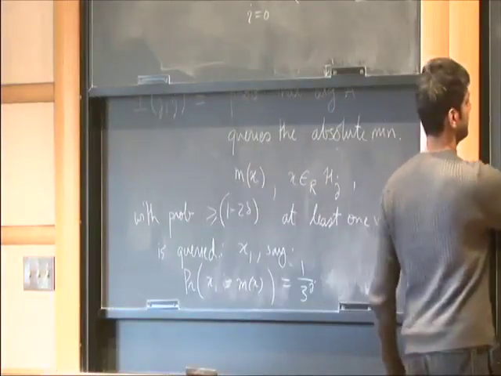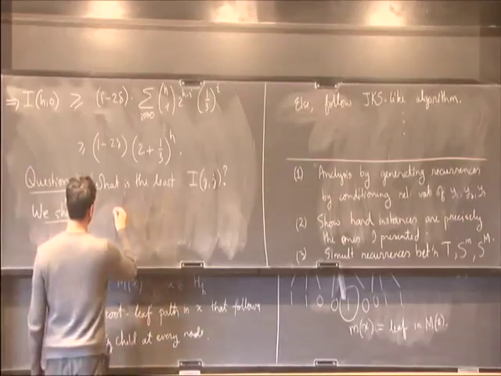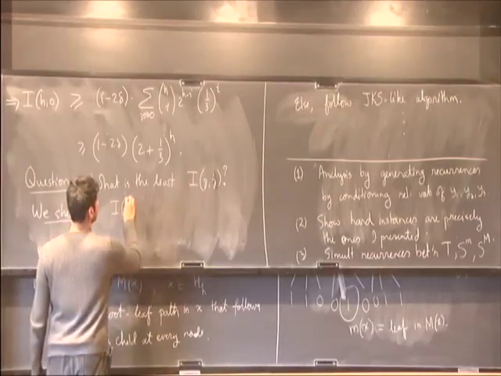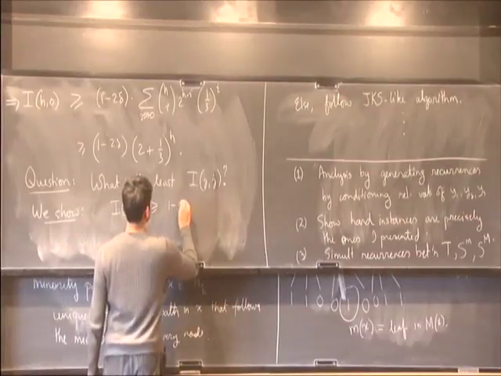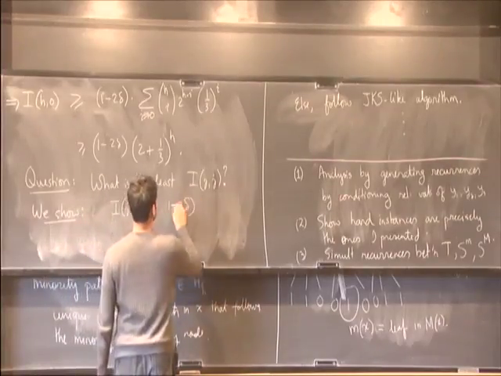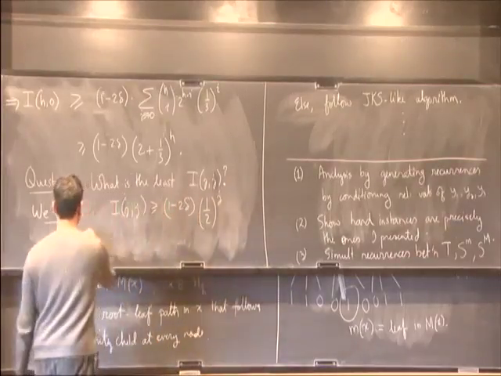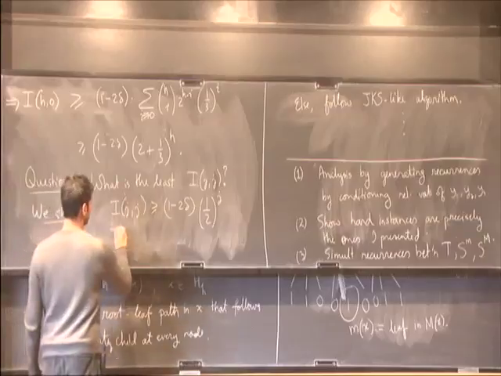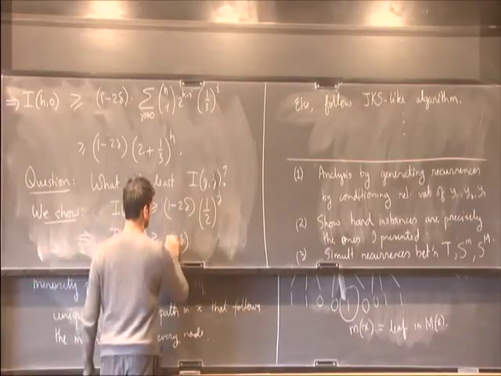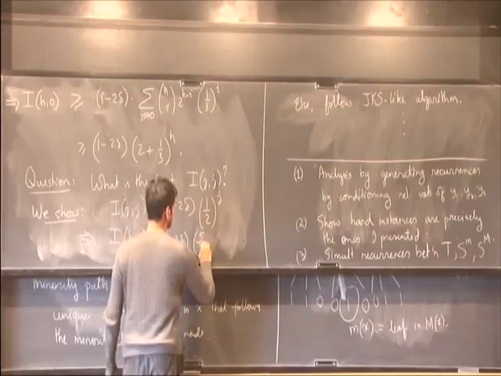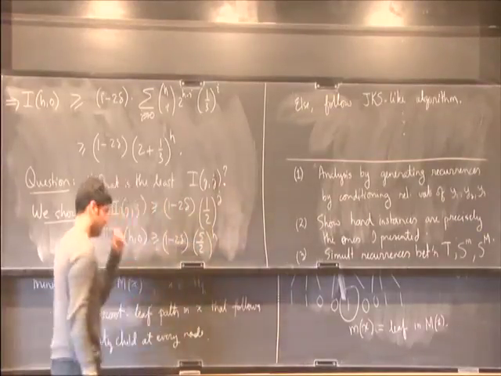And we showed, indeed, that this quantity is at least 1 minus 2 delta times 1/2 to the j, which would give you I h0 at least 1 minus 2 delta. So 2 plus 1/2 to the h, so this is 5/2 to the h.